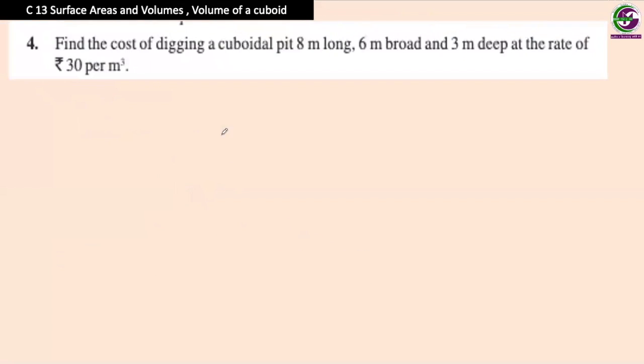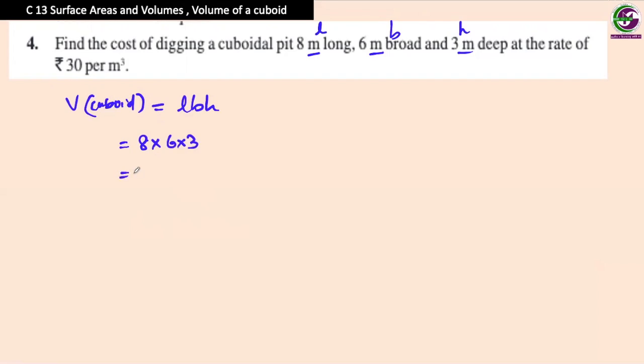Next one, find the cost of digging a cuboidal pit 8 meter long, 6 meter broad, and 3 meter high. All the units are the same, at the rate of 30 per meter cube. So we have to find how many meter cube is the total pit. Volume of a cuboid is equal to LBH, 8 times 6 times 3, which is 144 meter cube.